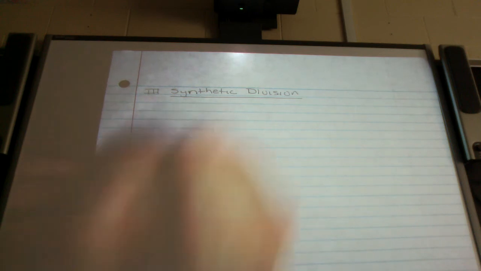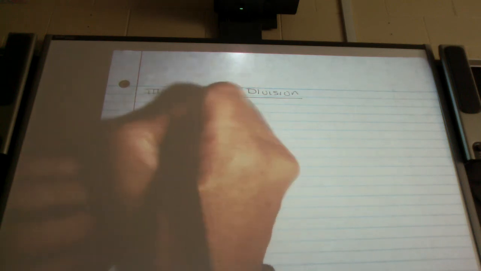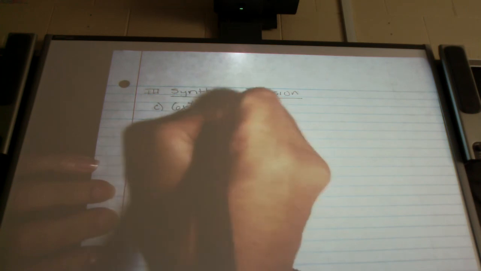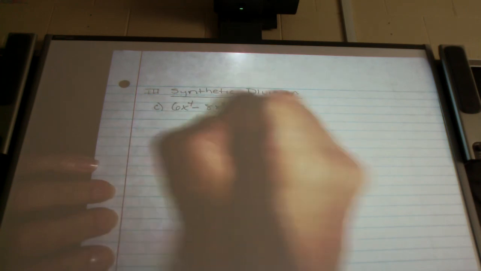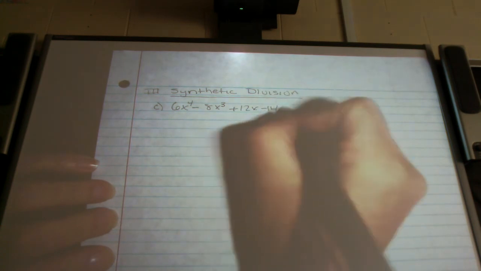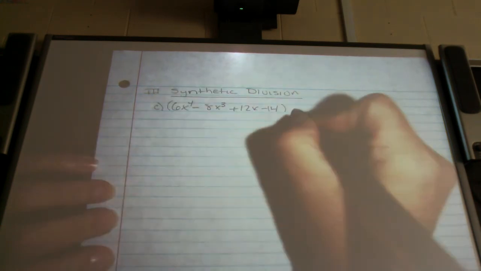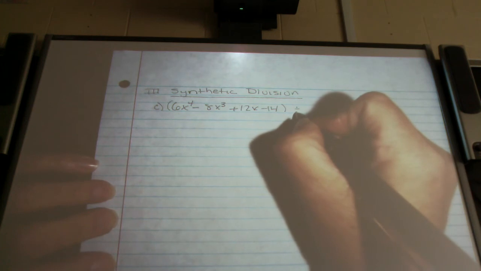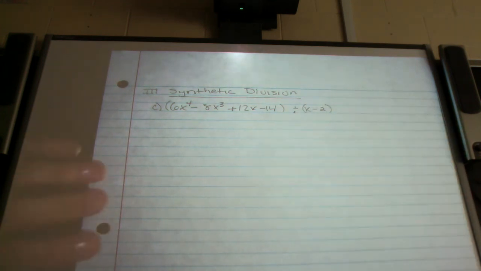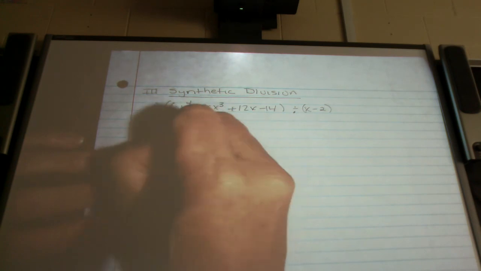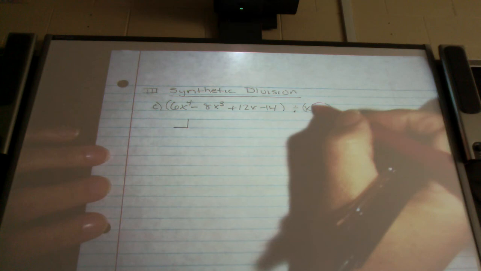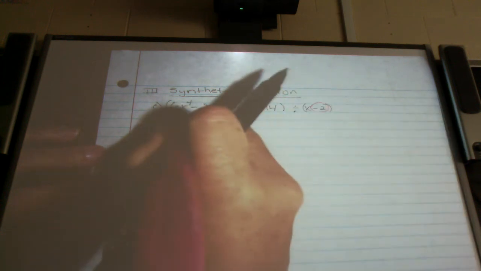We started C, which was 6x to the fourth minus 8x cubed plus 12x minus 14, and we want that to be divided by x minus 2. So remember, we are backwards L, and inside our backwards L is going to be the opposite of whatever's here, which is a positive 2.